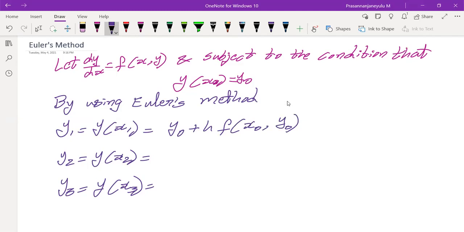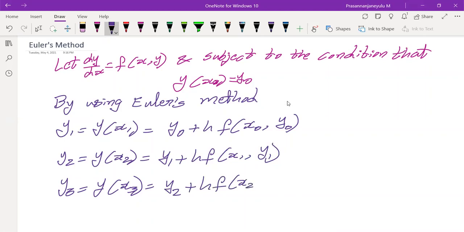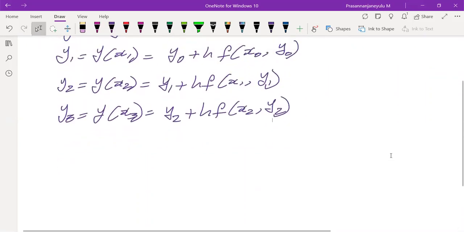In the same manner, y2 equals y1 plus h into f of x1 comma y1. Same manner, the y3 formula depends upon x2 and y2: y3 equals y2 plus h into f of x2 comma y2. So these are the formulas of Euler's method for finding y1, y2, y3 and so on.